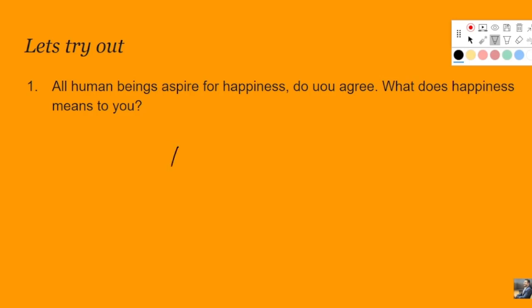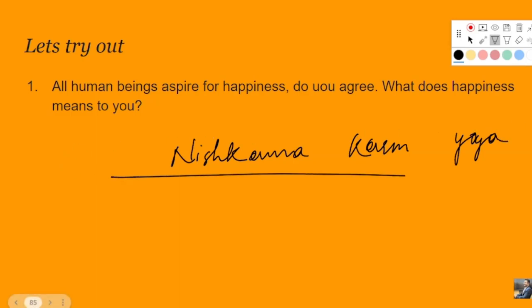concluding remark of Nishkam Karma Yoga of the Bhagavad Gita, right? where you will say that the final source of happiness for me is nothing but Nishkam Karma Yoga, where my action without the expectation of result will be my ultimate source of happiness, right?